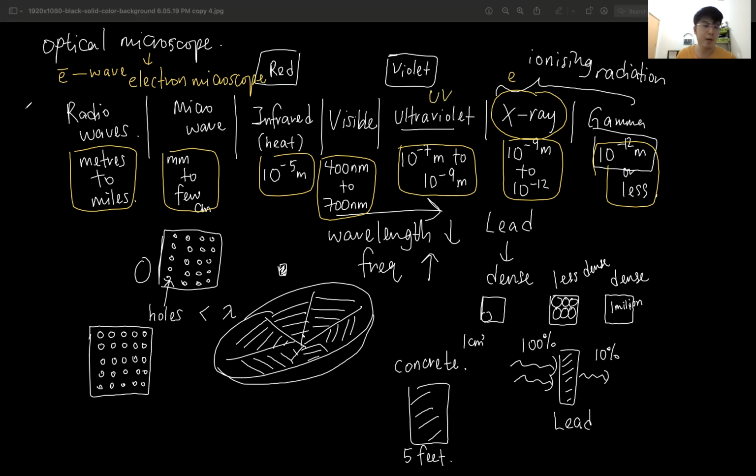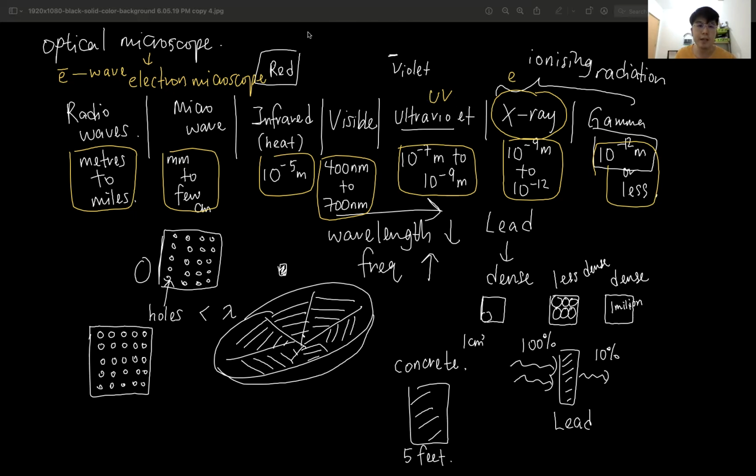Radio wave for communication, microwave for cooking, the application of it. Infrared, like remote control, all that, heat waves, radiations. Visible light, of course, allows us to see. What about UV? UV ray, what is it used for?